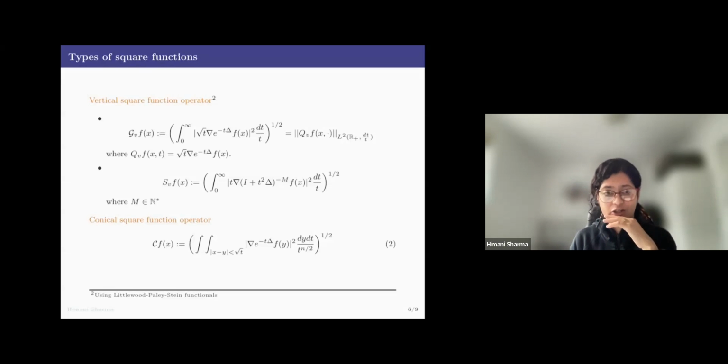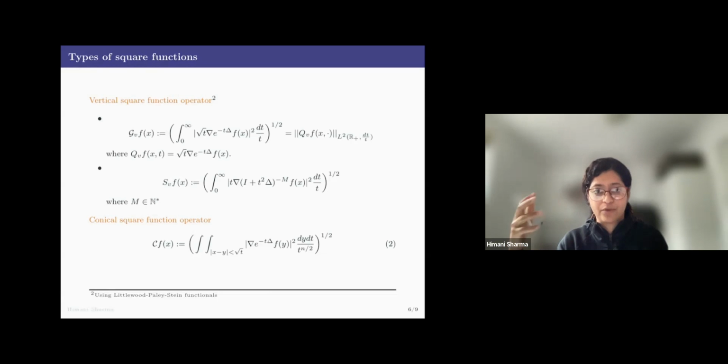They are also very closely related to the tent space norm and are used in many applications. For instance, they can be used to extend the theory of Hardy spaces in a way that is suitable for operators beyond the Calderón-Zygmund class. They are mostly useful in concrete situations, whereas the vertical ones are useful in abstract situations.